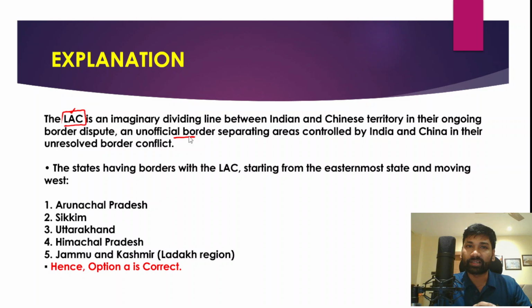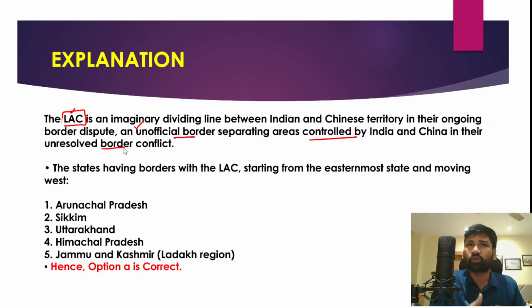This is just an imaginary line, but it is an unofficial border line separating areas which are controlled by India on the southern side, and on the northern side the areas which are controlled by China. And these are the regions where the border issue is still unsettled, and because of that very frequent skirmishes and conflicts have been taking place between Indian forces and the Chinese forces.